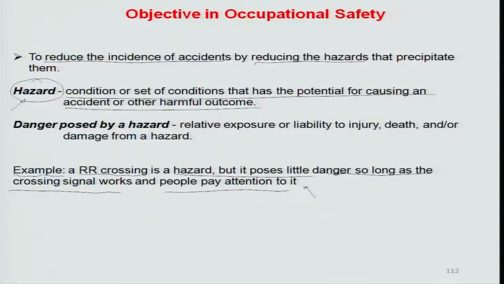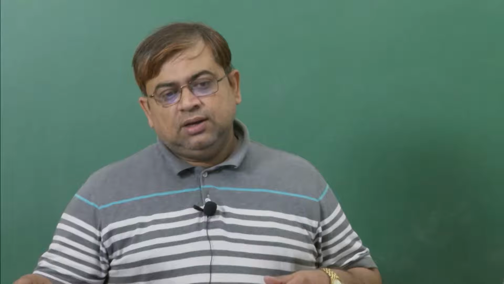There are other kinds of potential dangers being posed by a hazard which is otherwise not making an accident happen because probably the system is more compliant. For example, let's look at a railroad crossing, and typically any railroad crossing is a hazard because it's about a crisscross of road traffic and rail traffic. If a signaling system is not properly maintained or people don't pay more attention to it, it doesn't take a minute for the hazard to come up in terms of a fatal accident.